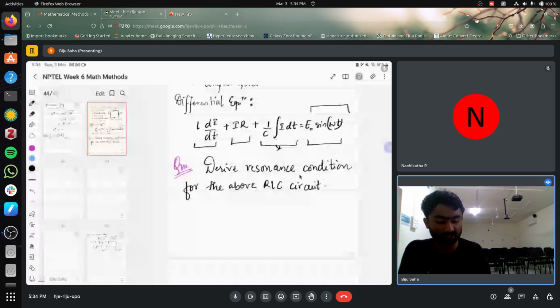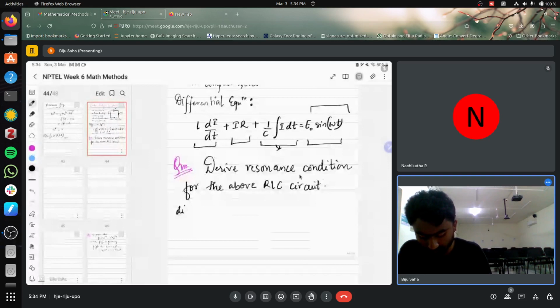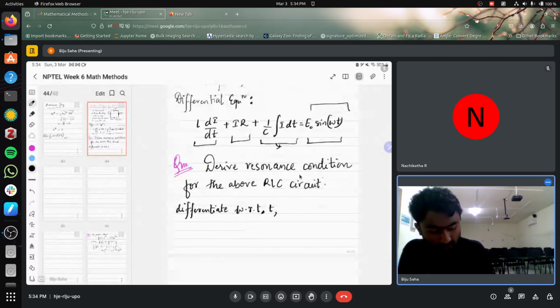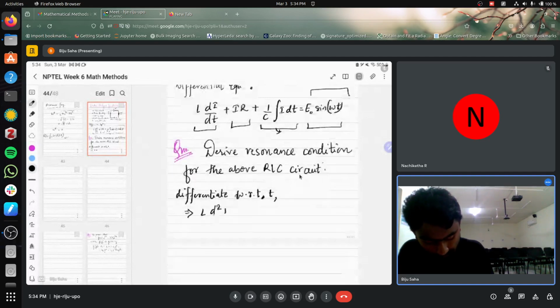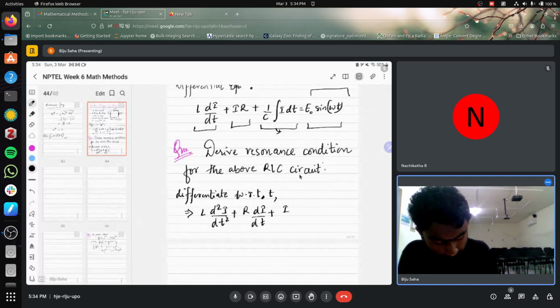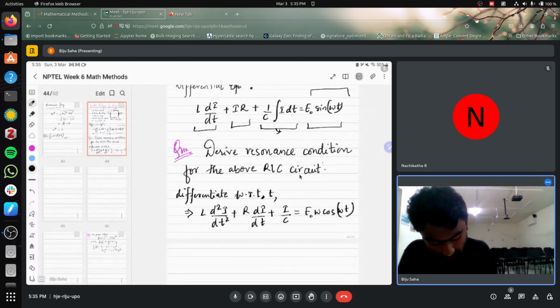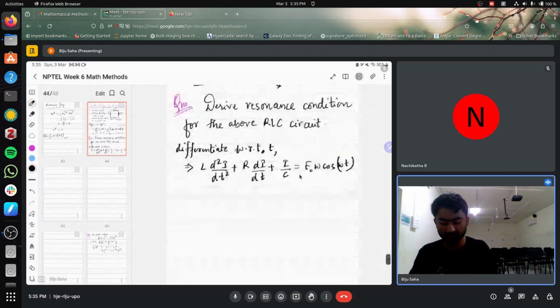To get rid of this integration, we differentiate this equation once again with respect to time. So this is what we are left with.